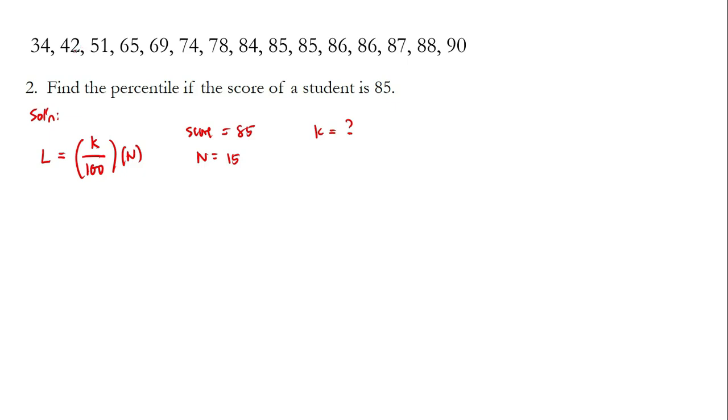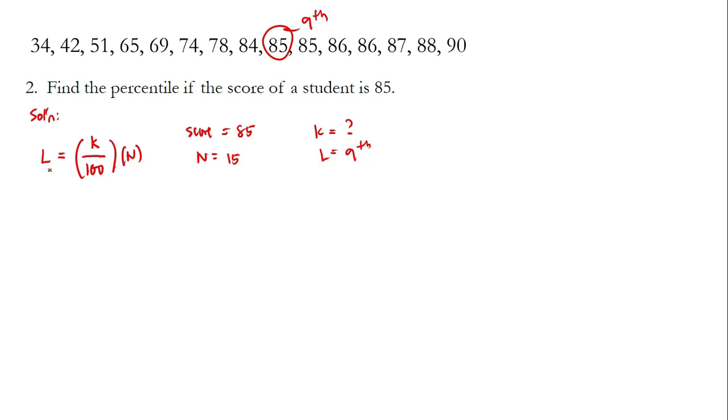Now, we need to identify the position of 85. So, we just simply follow the arrangement here and then locate 85. First, second, third, fourth, fifth, sixth, seventh, eighth, ninth, we will use the 9th position. So, L is in the 9th position. So, 85 is in the 9th position.